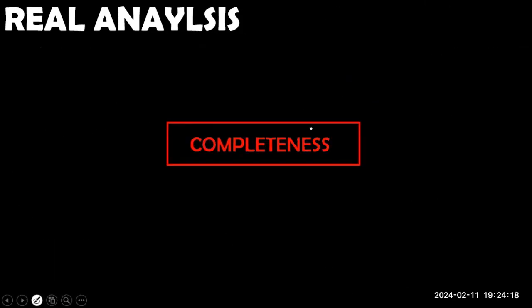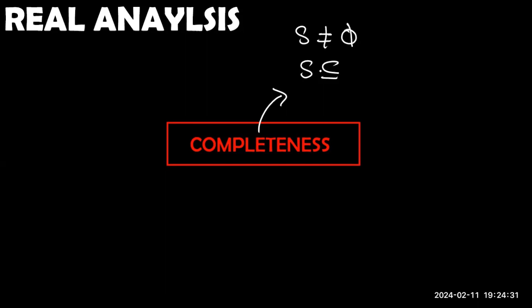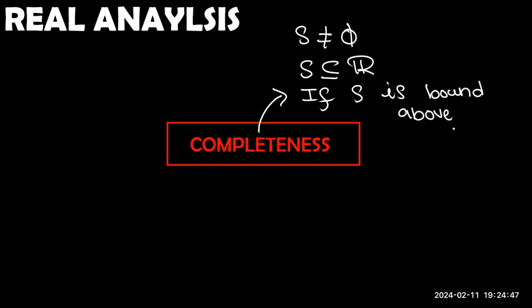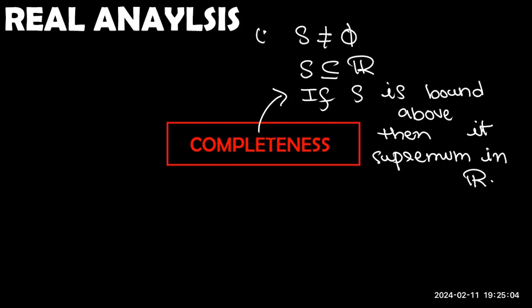Now, what is the completeness property? The completeness property of real numbers says that every non-empty subset S of real numbers, if S is bounded above, then it has a supremum in R. This is the first point of the completeness property.